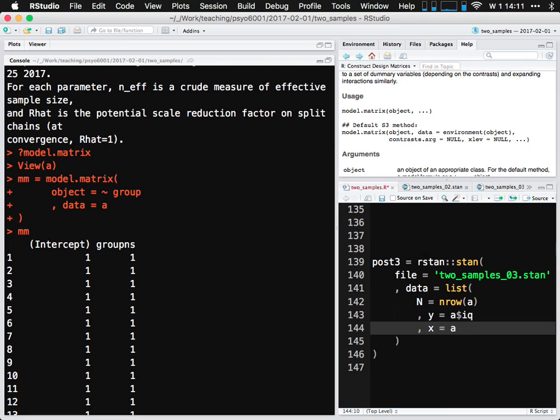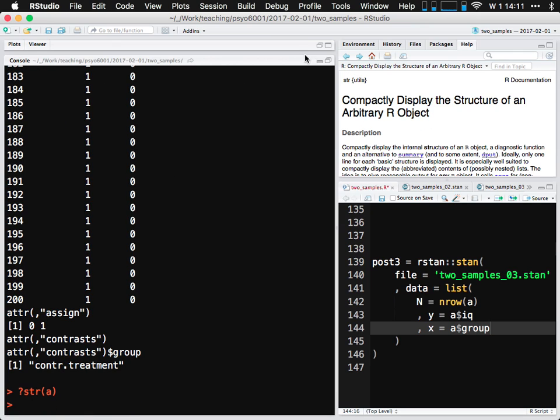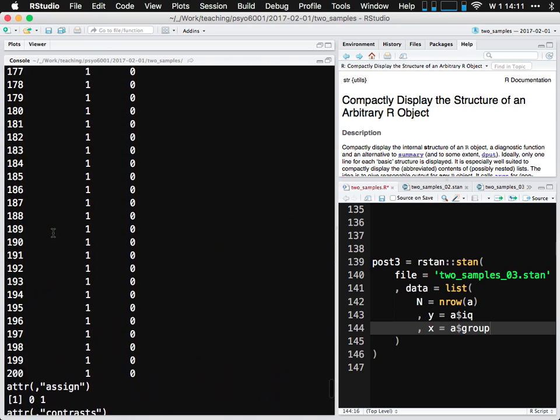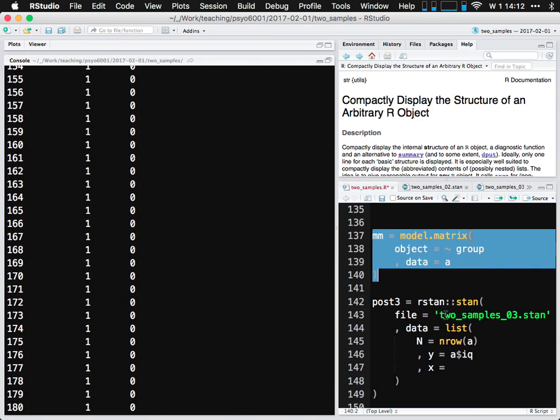Instead, I'm going to take the group column within the dataset A. Let me do str of A. Group is just a character vector. A quick trick to... no, I lie. I'm going to maintain that model matrix. Control Z.